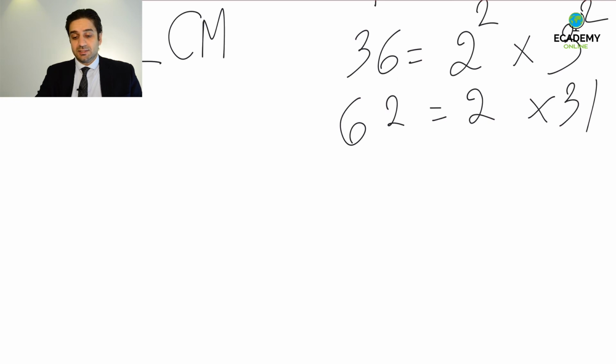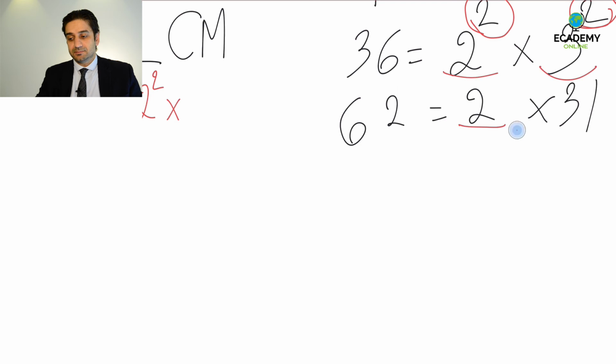So what I can see here, I have a 2 and a 2, they're both common. I have one with the higher power, so 2 squared will be part of the LCM, times 3 squared. There is no 3 here, which is just like saying 3 to the power 0, because that is just 1.